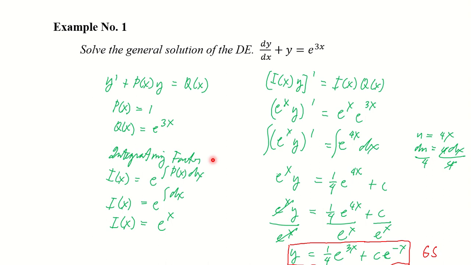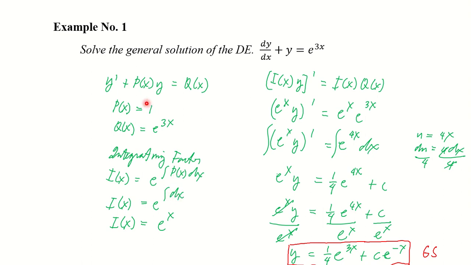Anyway, we are done deriving the formula for the integrating factor. So our integrating factor I of x is equal to e raised to the integral of p of x dx. And here our I of x is equal to e raised to the integral of dx.